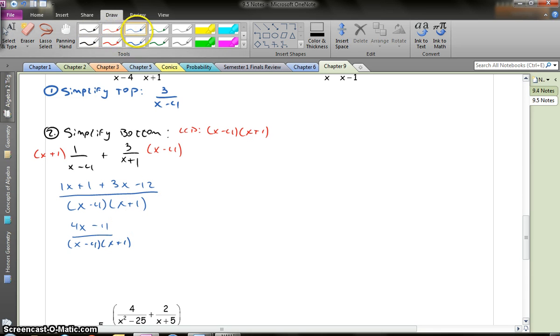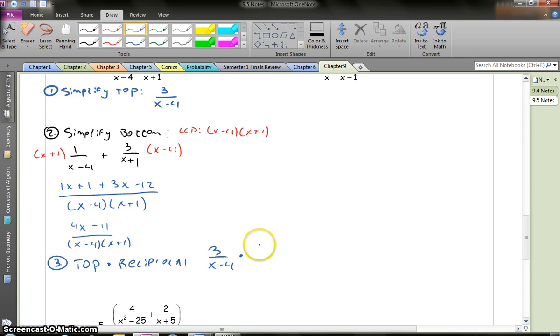Now my third and final step is to take the top in simplified form, and multiply it by the reciprocal of the denominator. My top was 3 over x minus 4, that's my numerator, and now I'm going to multiply it by the simplified reciprocal of the basement, of the denominator.